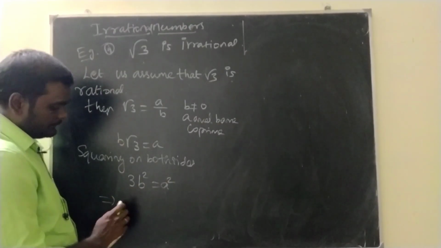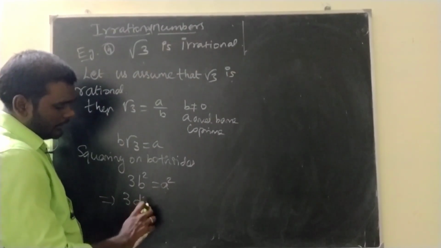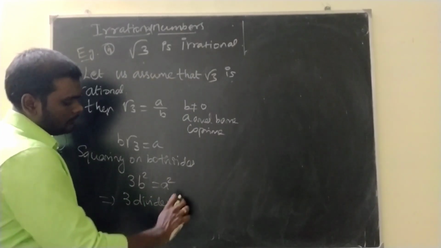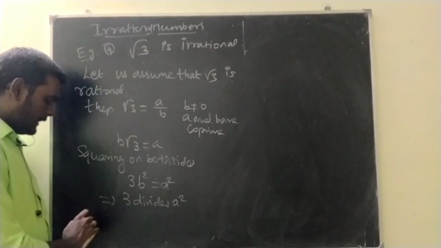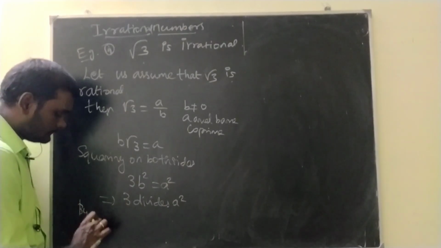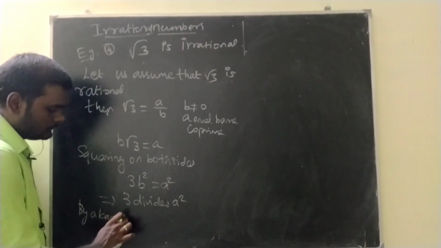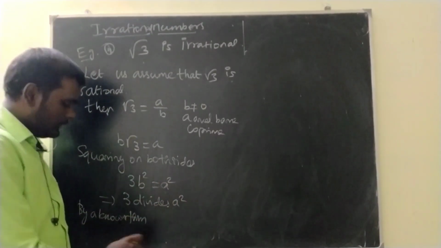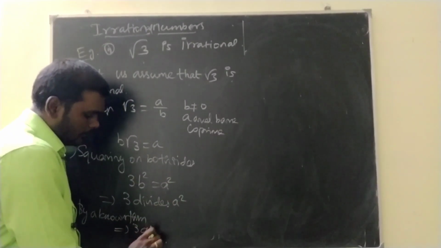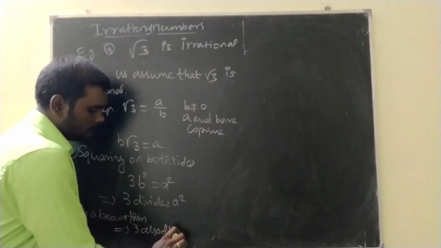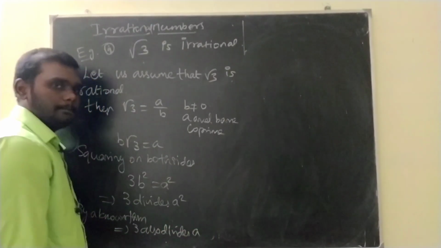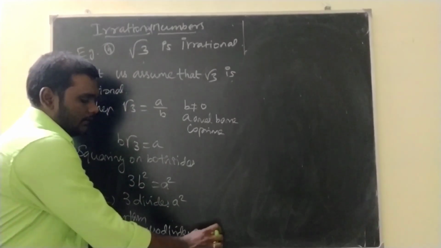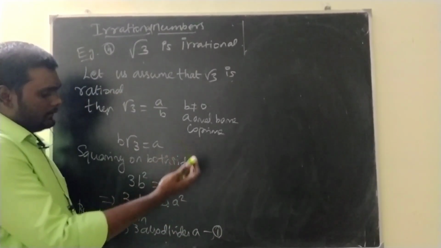Then we can say 3 divides a square. And by a known theorem, that statement we have to write. After that, this 3 also divides a. We will mark this as 1. Sorry, 1 is already marked, right?